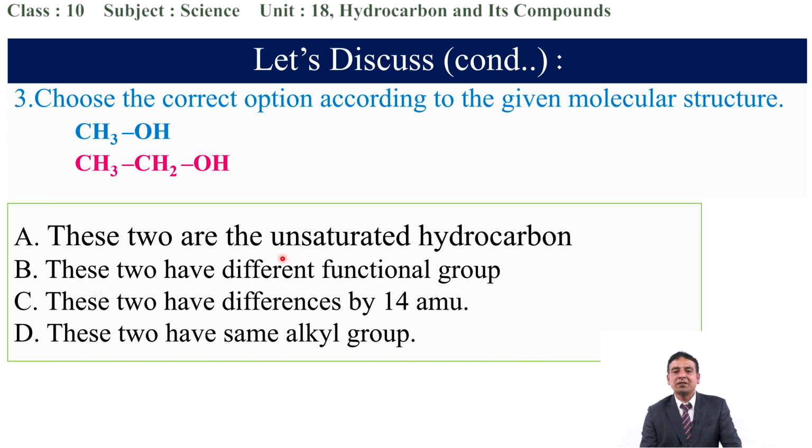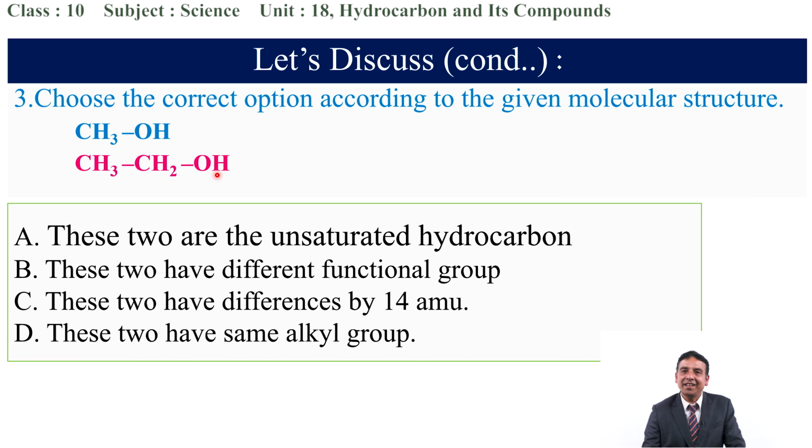These 2 are unsaturated hydrocarbons. Is this the correct one? No, because we do not see any double bonds between two carbon atoms. So this is not the correct option. In option B, these two have different functional groups.